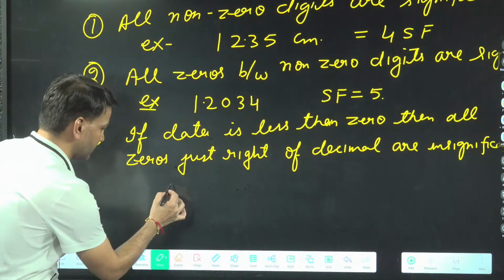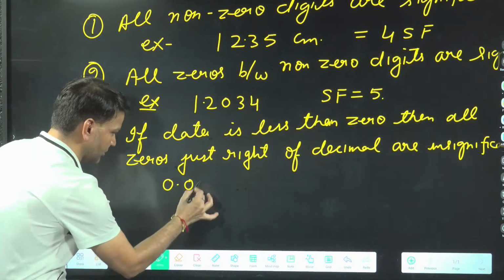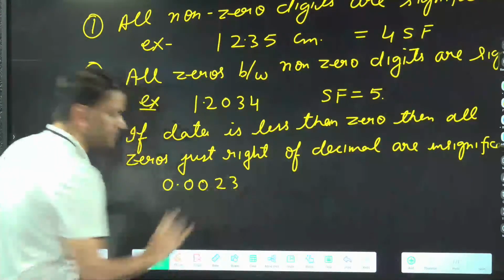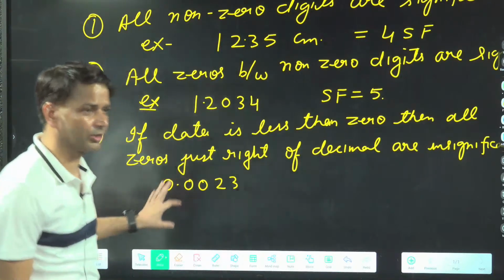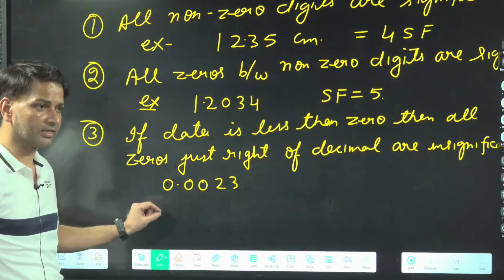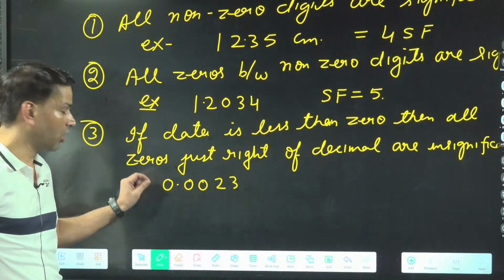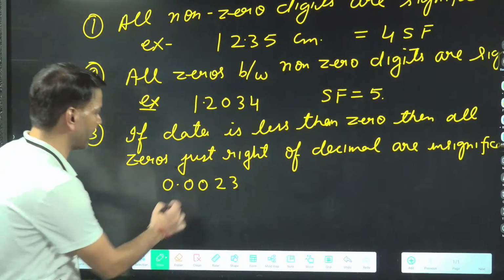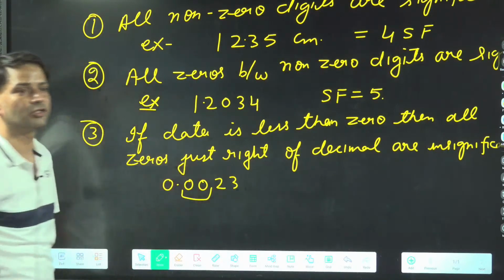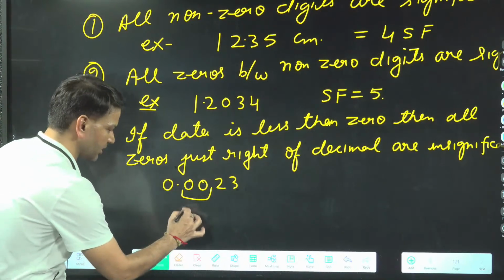Like suppose I am saying 0.0023. This number is less than 1. Why? Because 0 point something is there. So all the zeros just right of the decimal, how many zeros do we have?